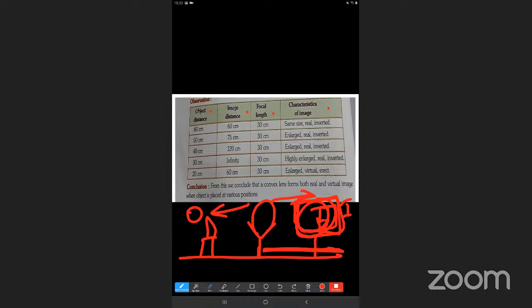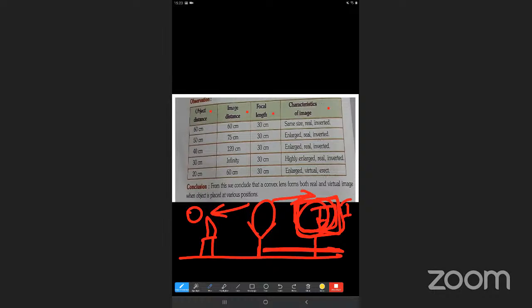And next, if the object distance is 40 centimeters from the lens, right? Now we place the object candle at a 40 centimeter distance from the lens. So where will the image be formed? That is 120 centimeters from the lens.